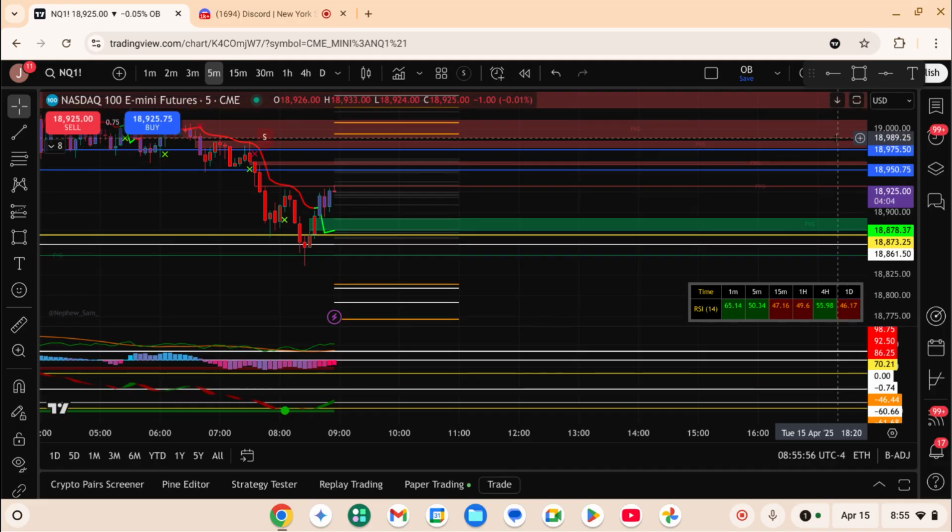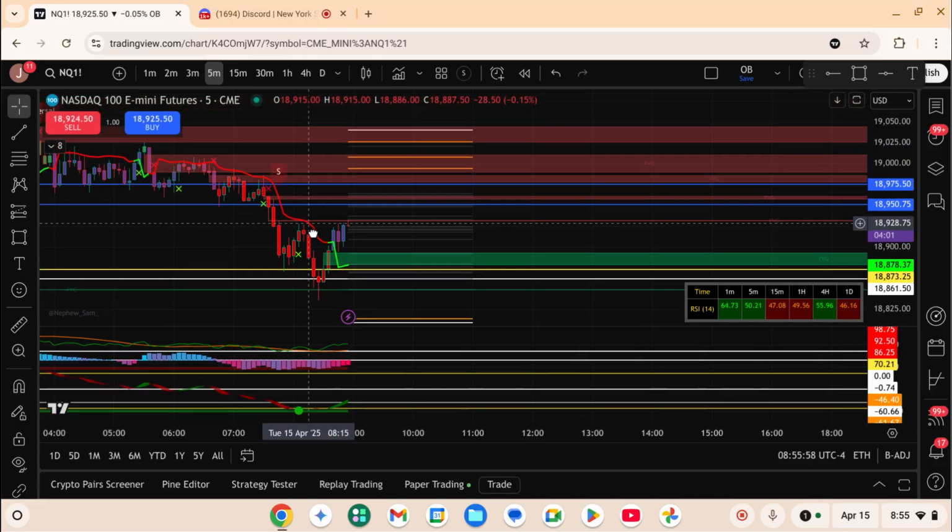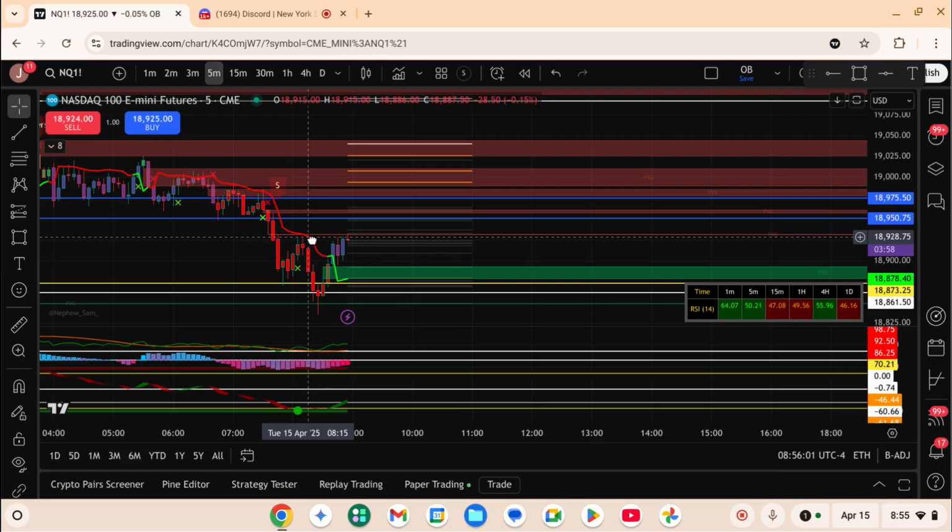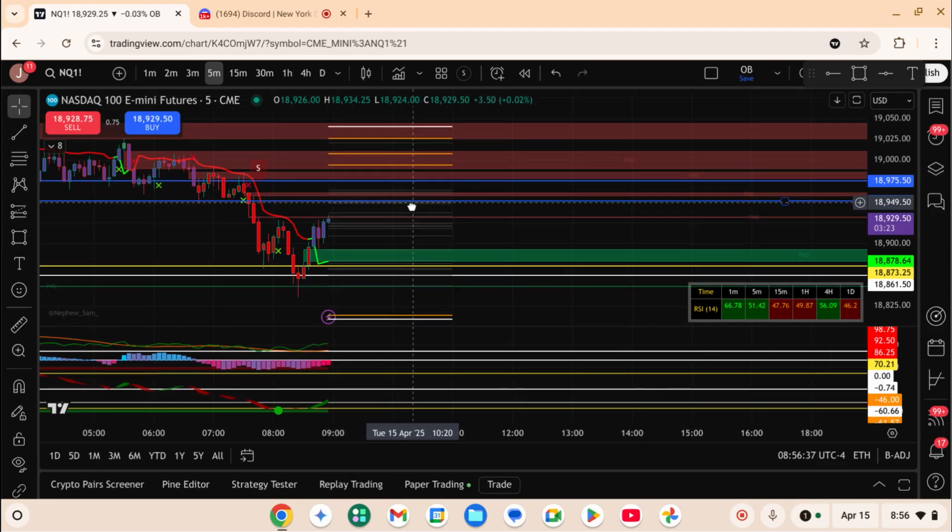So the next trade would be to take longs above here, this 18.8 or 18.976, or take shorts with a rejection there or here. So break above, we go long, reject here or here, we'll go short, whichever one comes first.